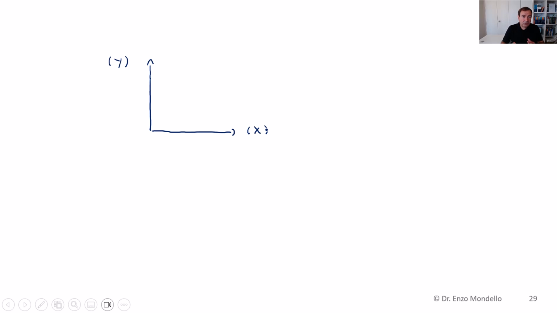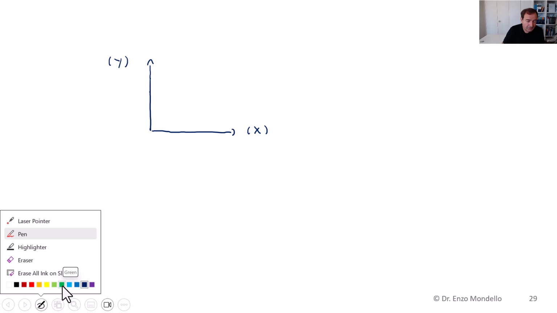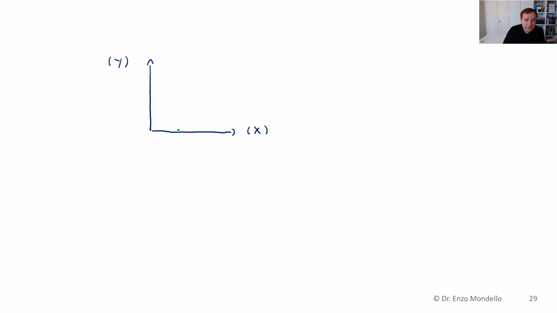Then I include two xy points in this diagram. Let's take the first xy point: here x1, and here for example y1. That gives the first xy point in this diagram. And then I take a second xy point. Let's take, for example, x2, and let's assume we have y2 here.